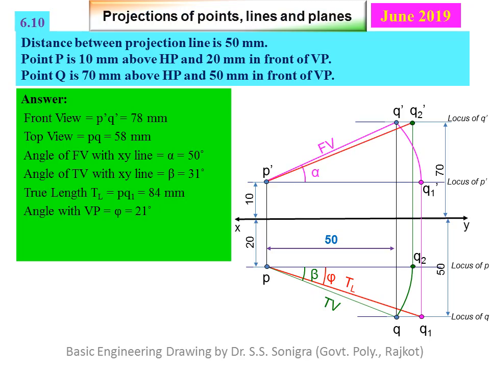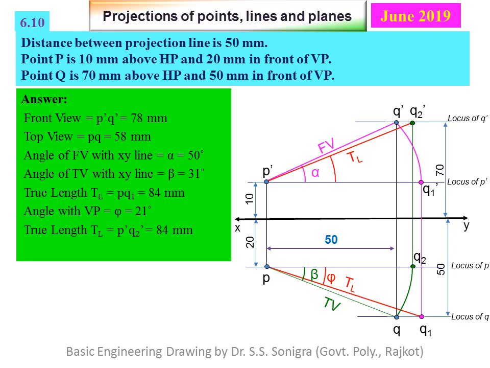Join P dash with Q2 dash, that is the true length of line PQ in the front view, and measure this length. This length must be equal to 84 mm. Both the lengths PQ1 and P dash Q2 dash should be equal, and in this case it is equal to 84 mm.